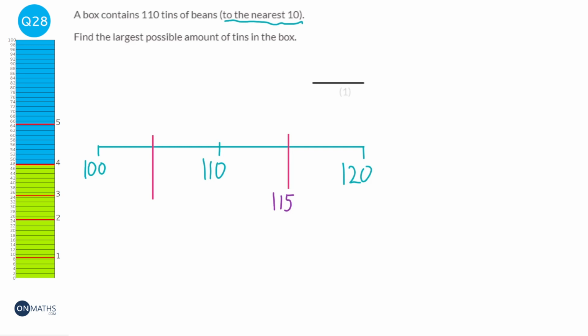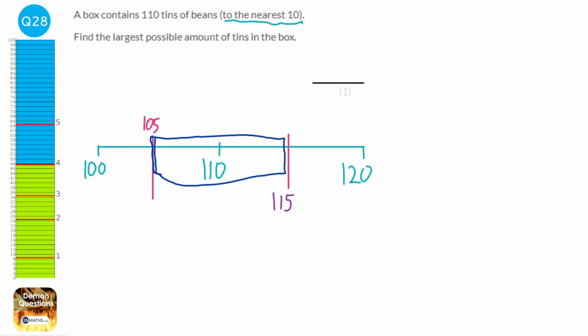So we need to find the biggest number in this part here, and it includes this line actually. So all the numbers that would have rounded to 110 would have been 105, 106, 107, 108, 109, 110, 111, 112, 113, 114, which would be here.